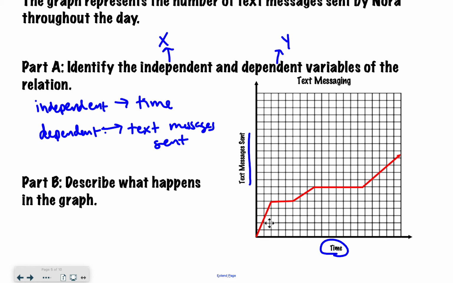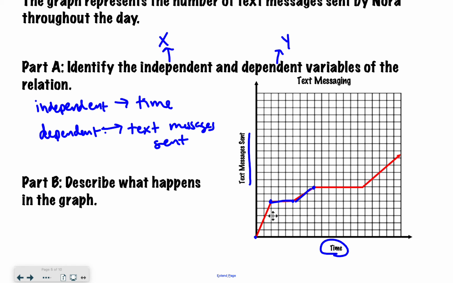Okay, so you can see that initially, no time has passed, right? For the first 2 units of time, it goes up really fast, right? Like a lot of text messages are sent, and then going from here to here, it levels off. So that means no texts were sent during that time. Then you can see it goes up a little slower, right?